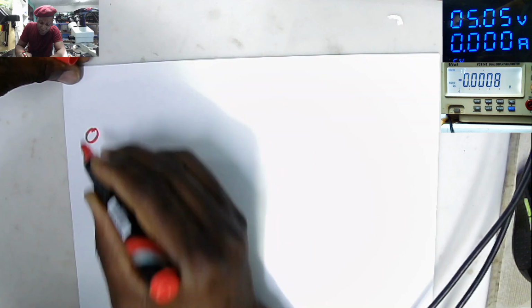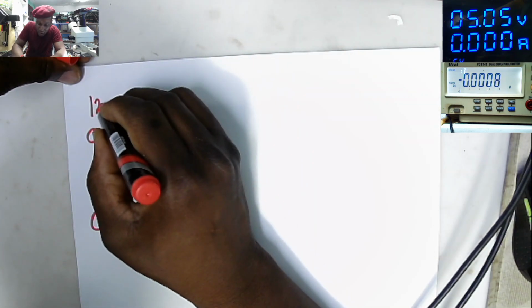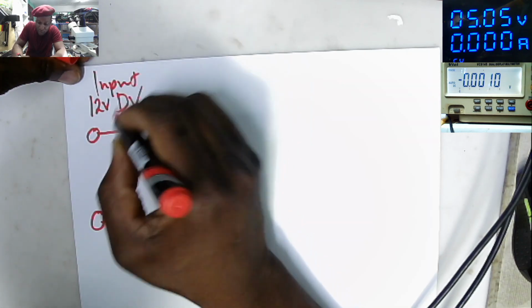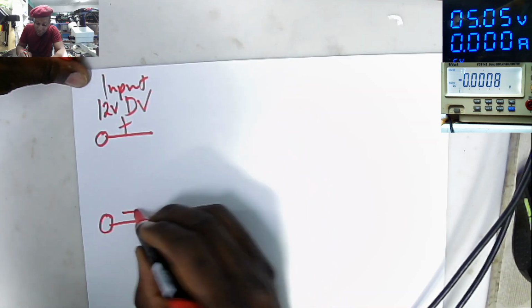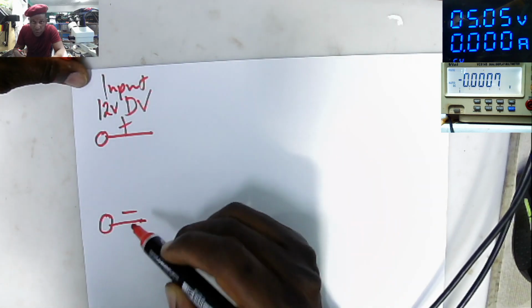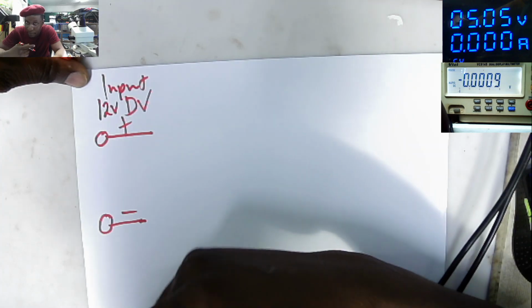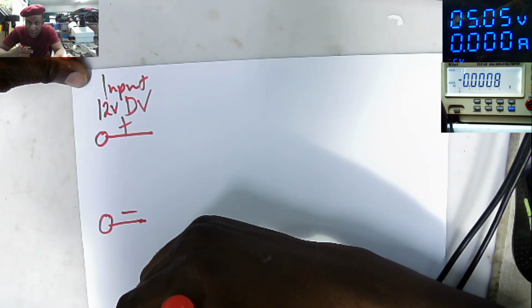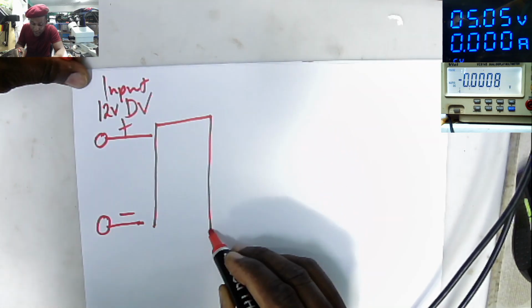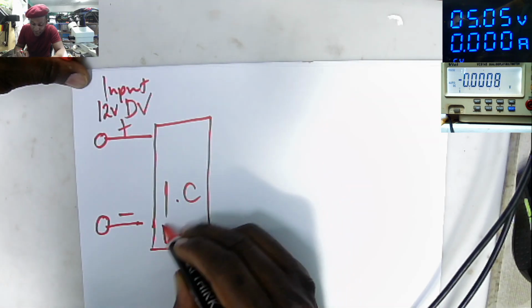Here we have 12 volts DC input, that's the plus, and here we have minus, and where our 12 volts is going, we don't have many things here. We have the IC chip, or the driver.